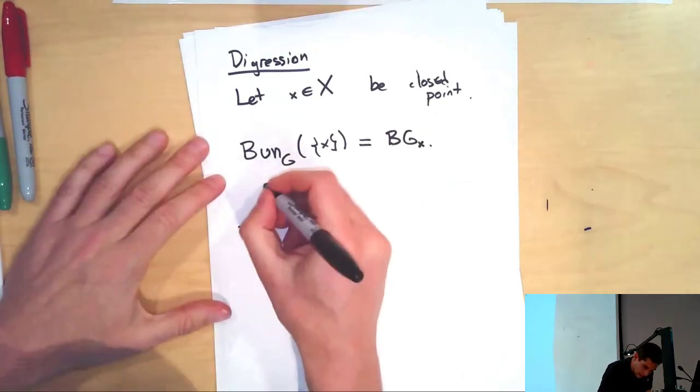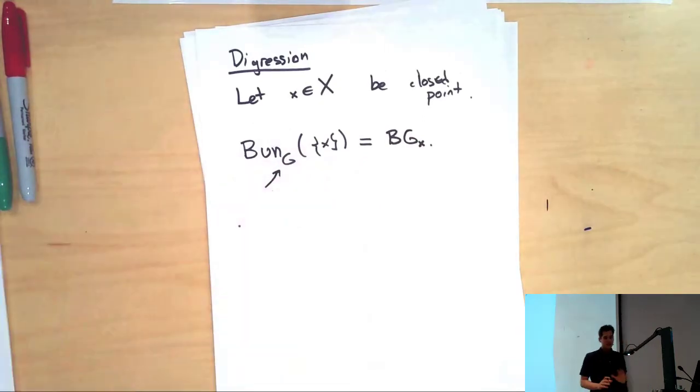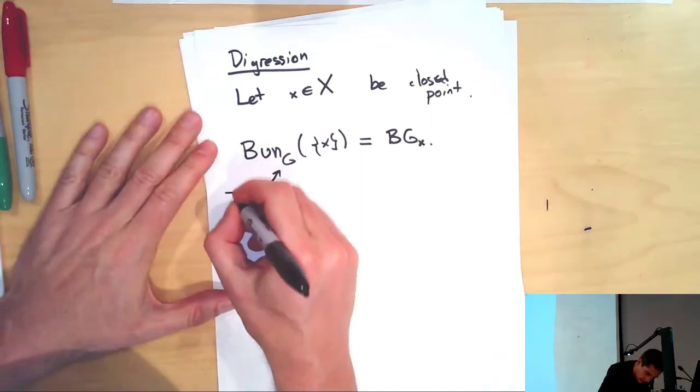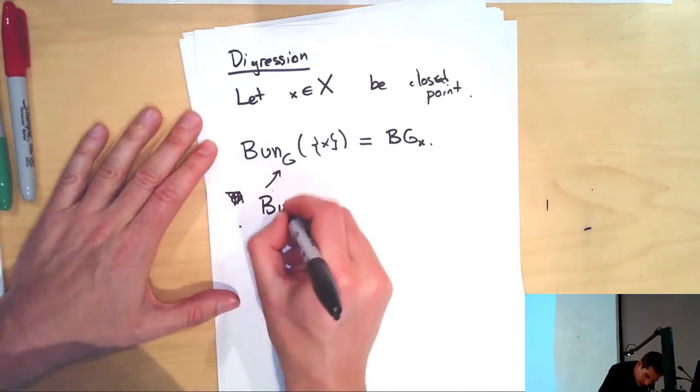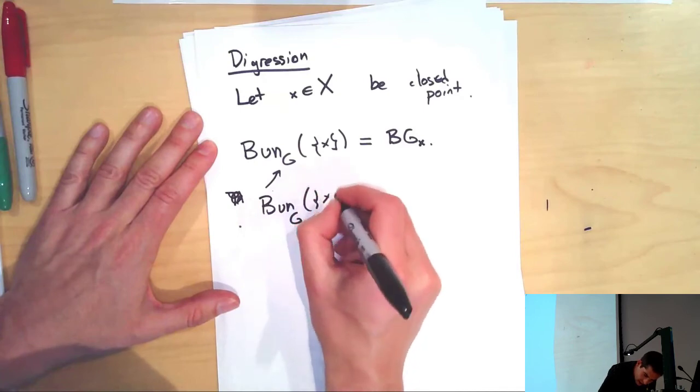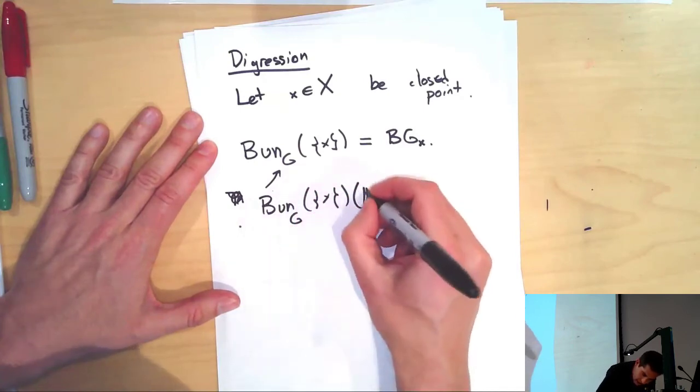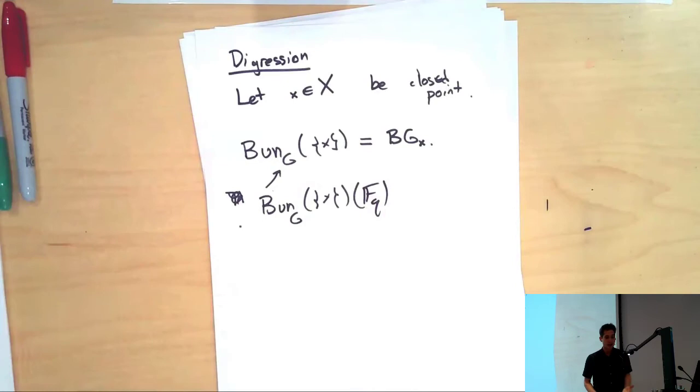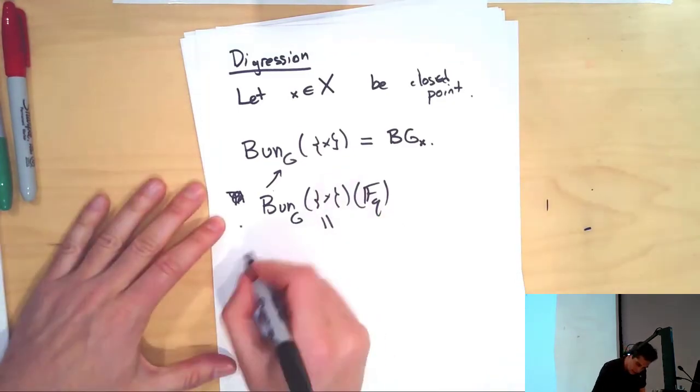And so now this is a pretty simple looking stack. There's a theorem of Lang. Let's say we were interested in taking the F_q points of this. In other words, we were interested in counting the number of G-bundles not defined on the entire curve, but just defined at that one point.